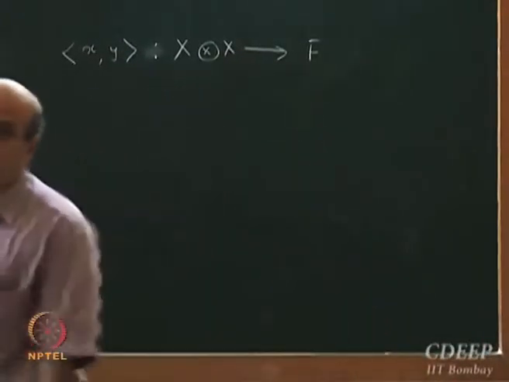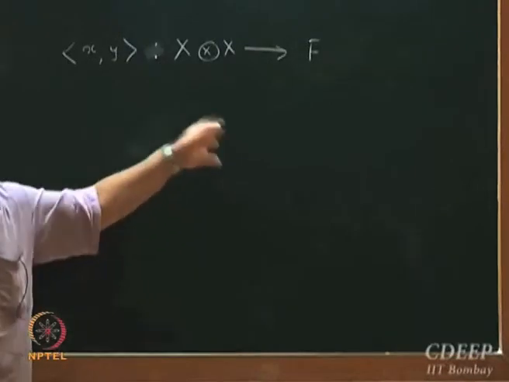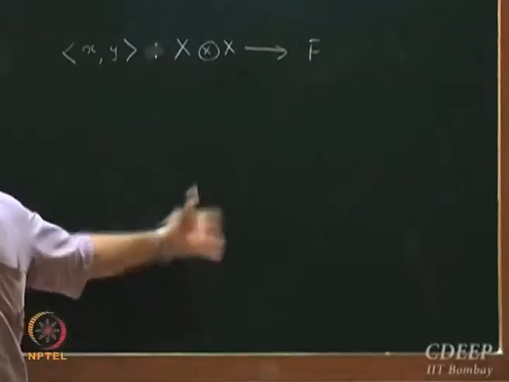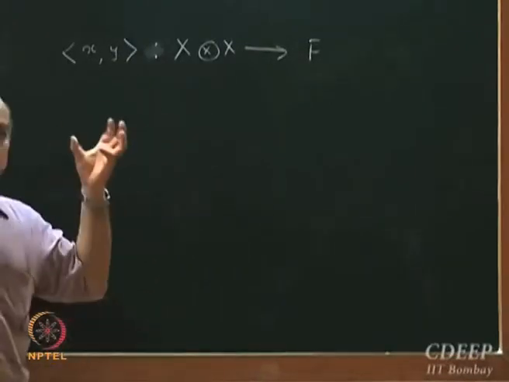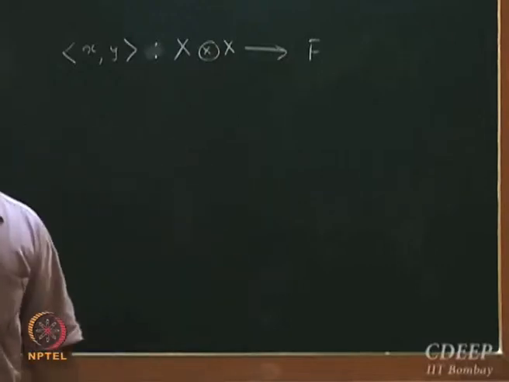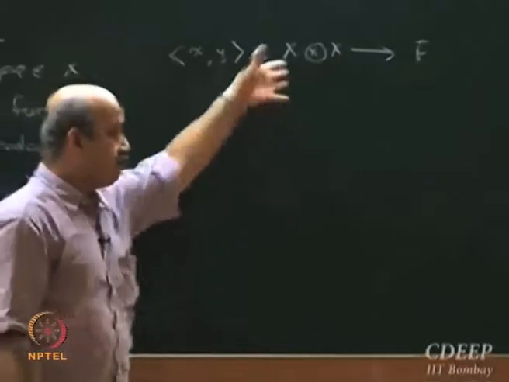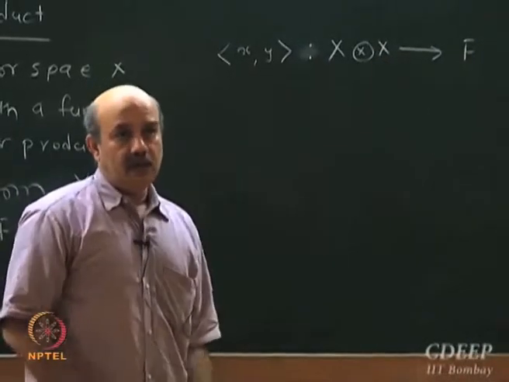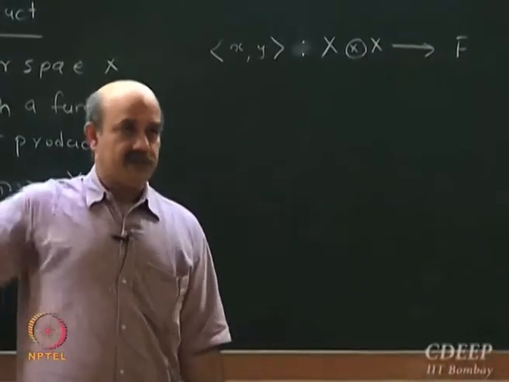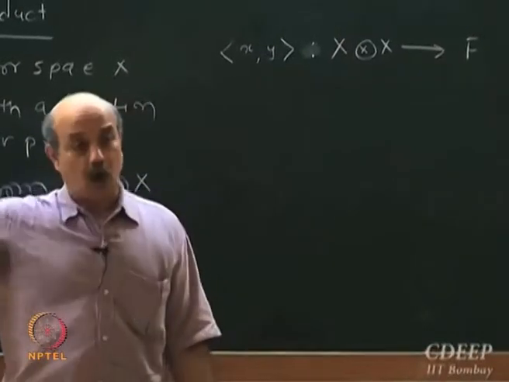So what are the axioms that govern this definition? There are 4 axioms. There are certain properties which are generic to the inner product in 3 dimensions, which I want to now generalize and come up with a generalized definition, which in a special case would be this dot product, which you know in 3 dimensions.